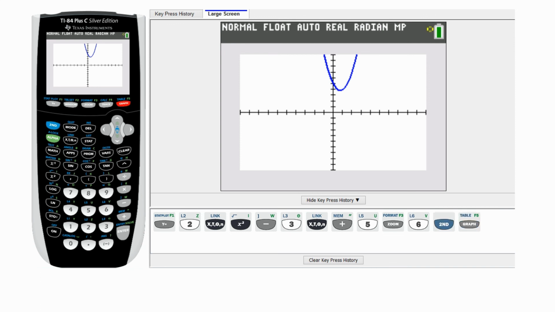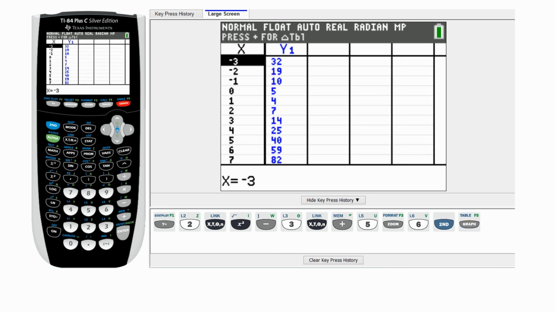Second and graph will get us to our table. My table shows (1, 4), (2, 7), and (4, 25). So the 3 points are on this graph. So I have found the correct equation for the parabola containing these 3 points.